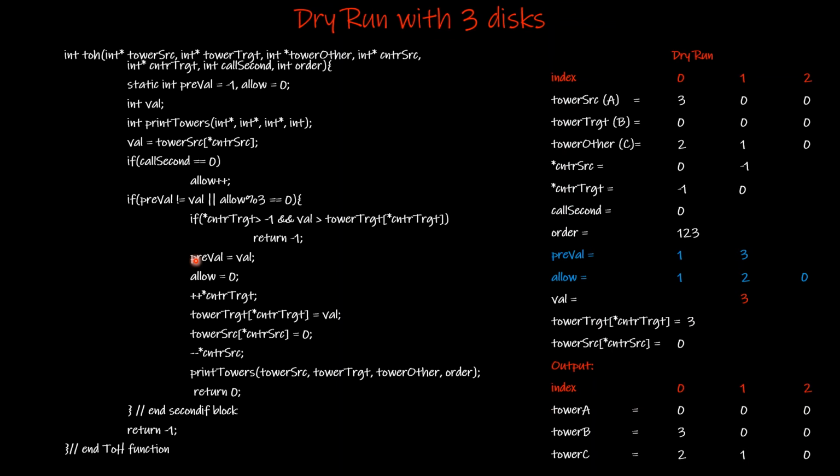Tower A is not going to have any more of this, because this 3 is now transferred to the target tower B, right? B is now going to have this 3, right? And tower C of course was not involved in the transaction, therefore it is going to have values 2 and 1. Okay, and then return 0 statement is executed, and we transfer control back to the while of the main function.